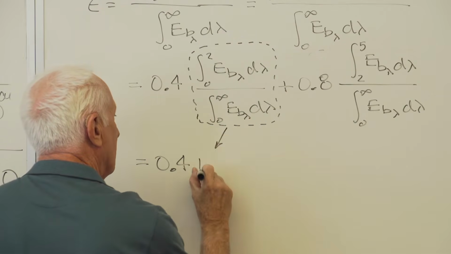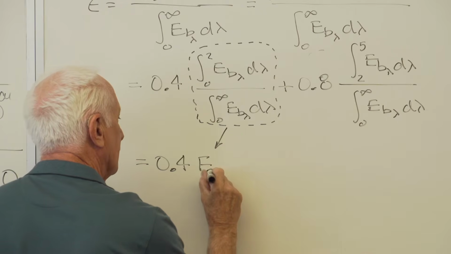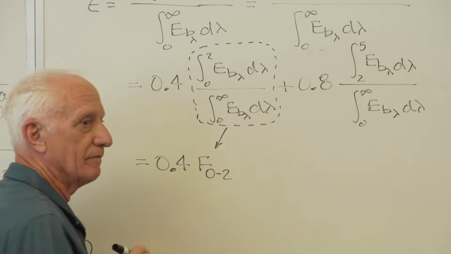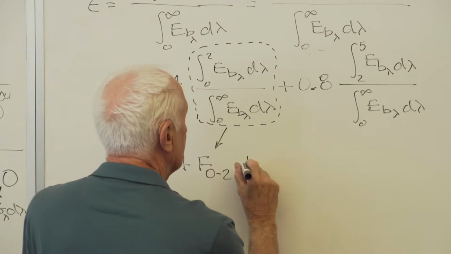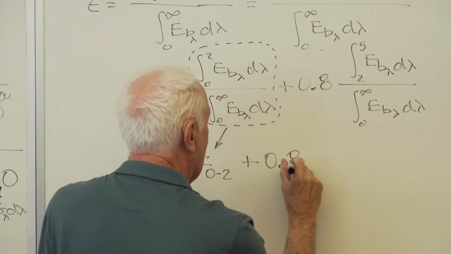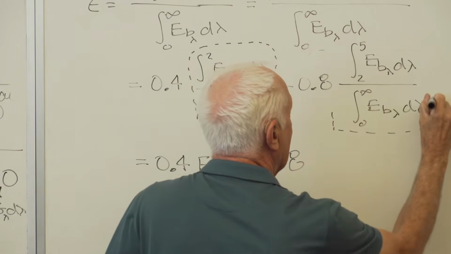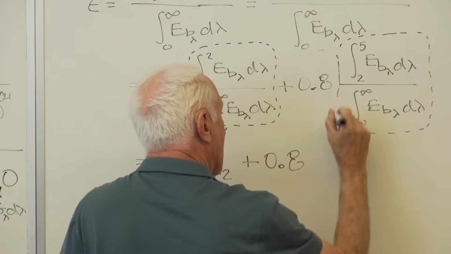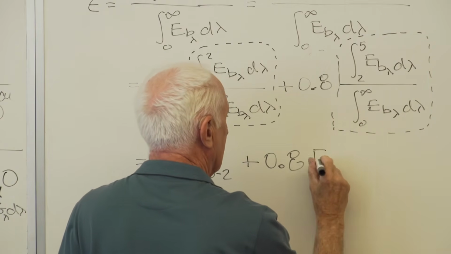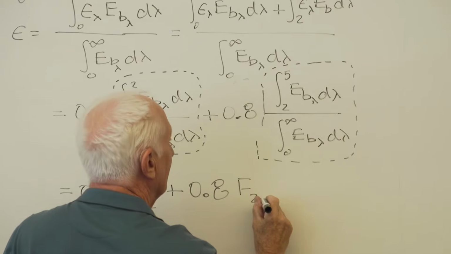That guy we've already defined: the fraction of energy between 0 and 2 microns, F 0 to 2, plus 8 to 10. This guy, fraction from 2 to 5.